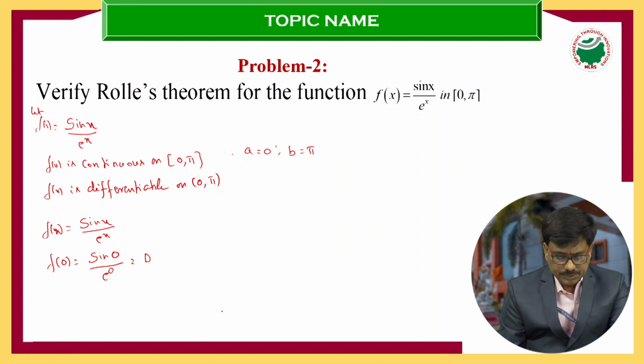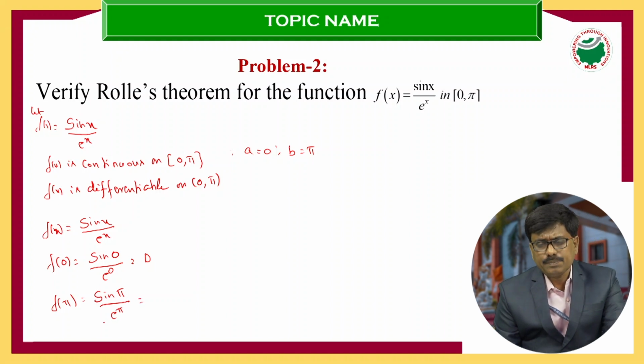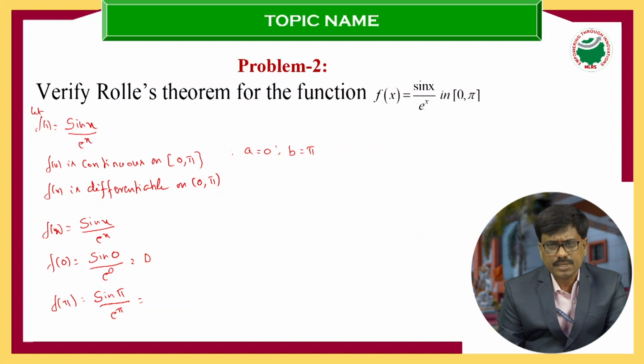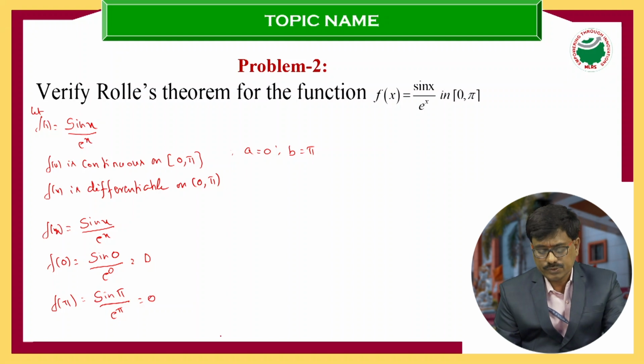The b value is how much? Pi. Therefore, f of pi is equal to sin pi divided by e power pi. We already know sin pi is 0, and e power pi is some decimal number. When we divide 0 by some decimal number, the resultant value is also 0.